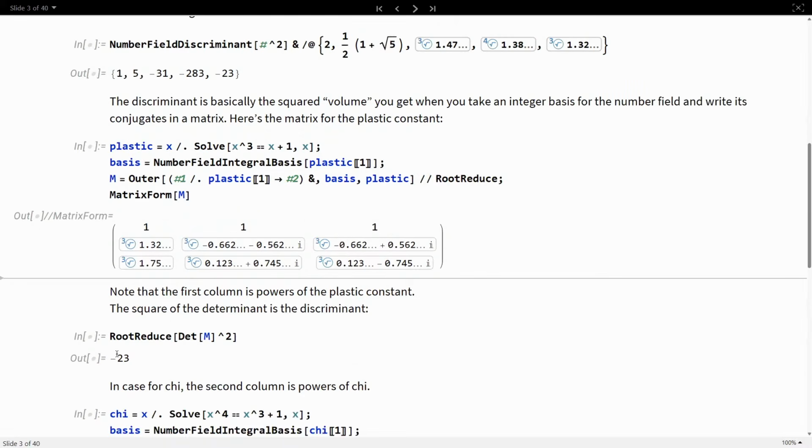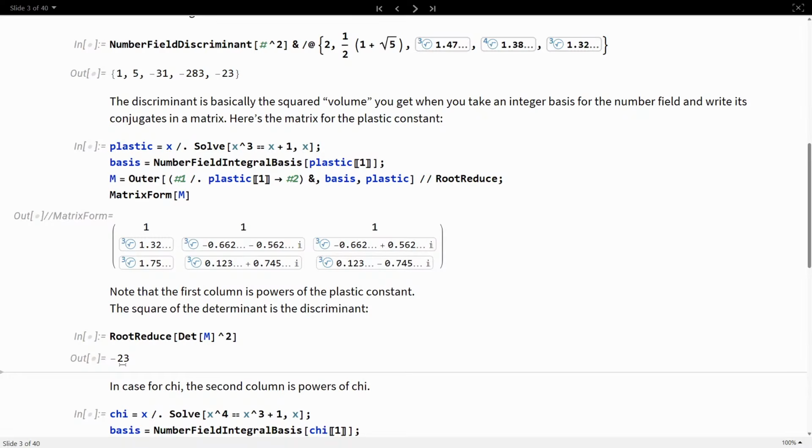Now, the reason this is useful is because if you add 7 to this root or change it in various other ways, there's a whole bunch of ways you can mess with this root object. But if you then take the resulting value and find its discriminant again, you'll always get minus 23.